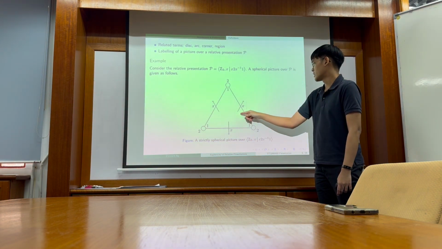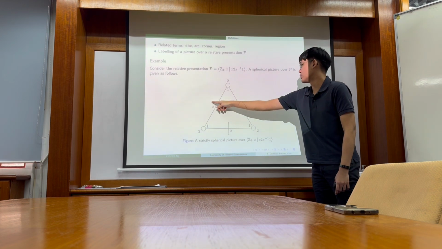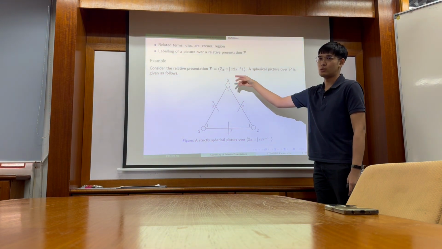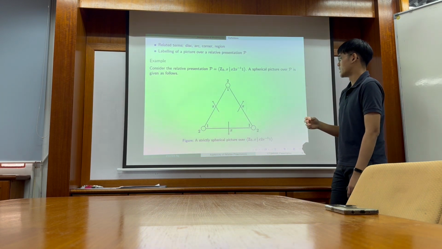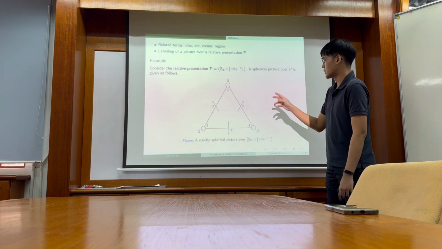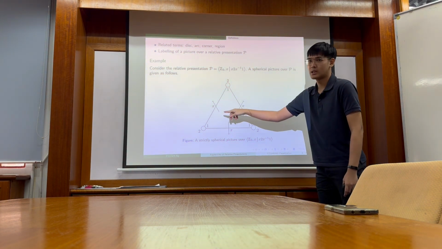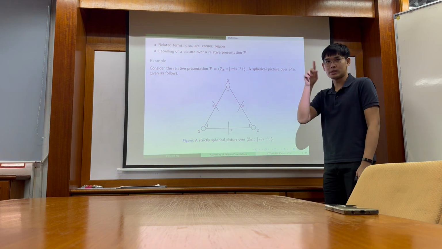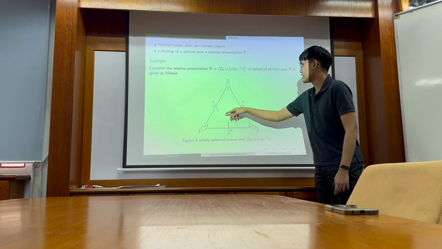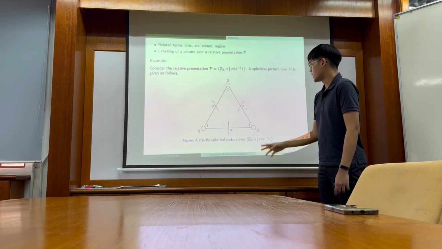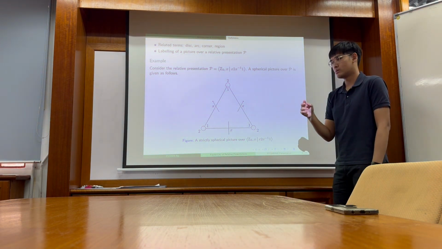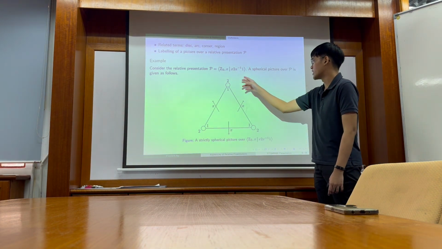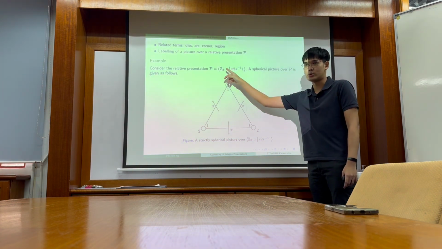So here we see that we have x2 and x1, which is the relator of this relative presentation. The second condition is if we take the product of all the corner labels inside a region in clockwise order, we get the identity in H. So here we have 1 plus 1 plus 1, which is equal to 3, which is equal to 0, the identity in Z subscript 3.